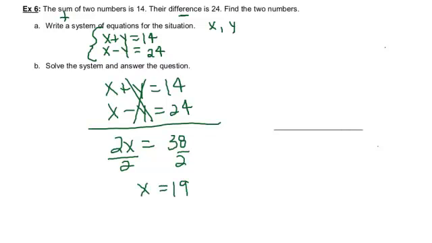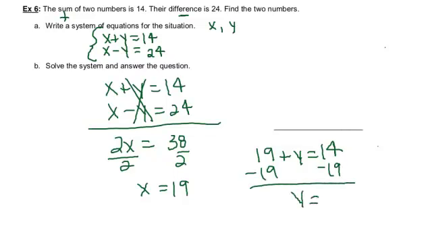So then we're going to plug that into either equation to get our y value. So if I plug that into the first equation, we have 19 plus y equals 14. We subtract 19 from both sides. Y equals negative 5. So our two numbers are 19 and negative 5. Now if we plug these into the original problem, it should work for each equation.